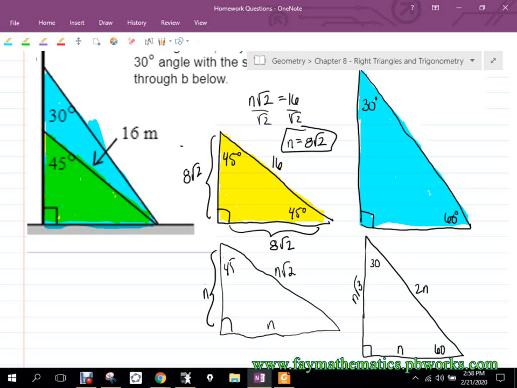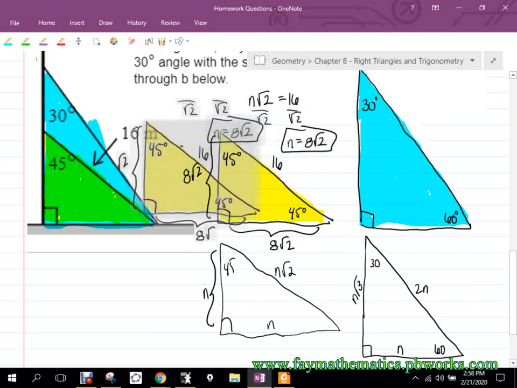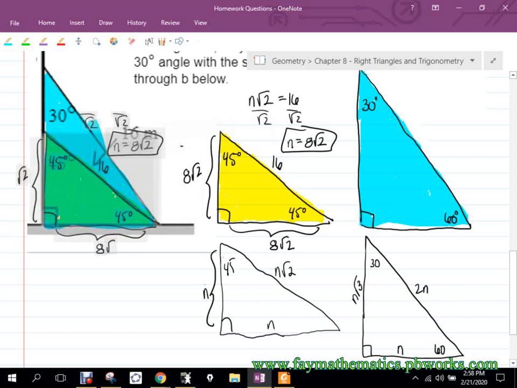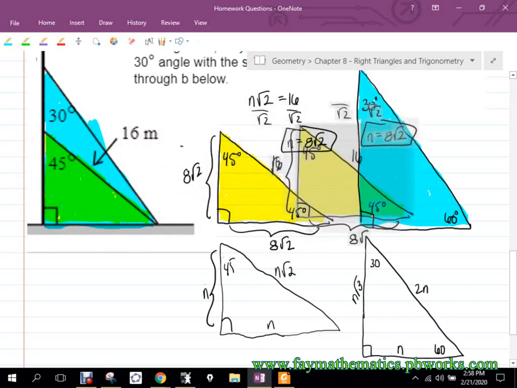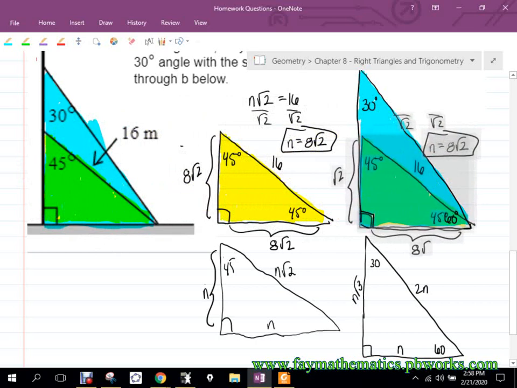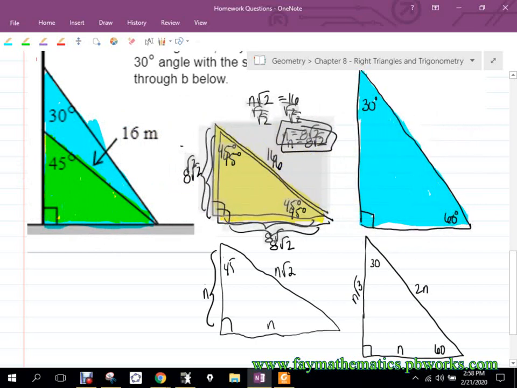All right. So now, how do I use that information to get into the blue triangle? If I look at that right there, does that 8 radical 2 become a distance of that blue triangle? That makes sense to everybody?